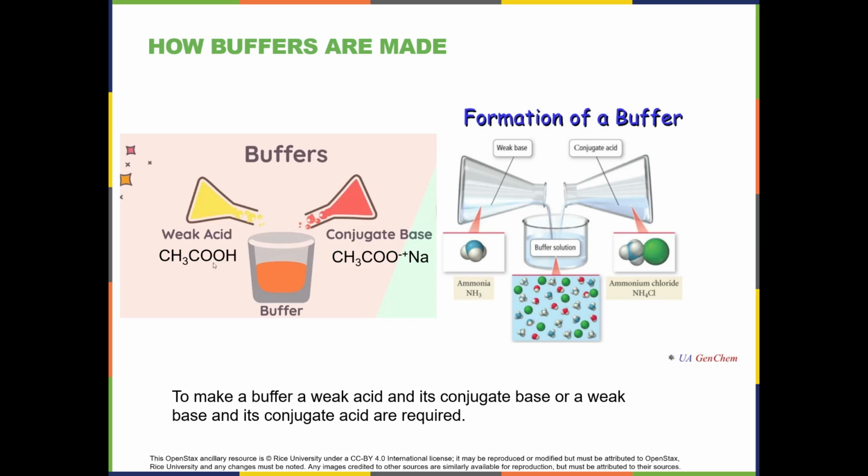So there is a concentration of weak acid and a concentration of weak base. Another way that a buffer could be made is to use a weak base, ammonia, and its conjugate acid, ammonium, NH4+. Very much like you can't have a bottle of CH3COO-, which we talked about in the previous chapter, you can't have a bottle of NH4+. You need a counter ion.